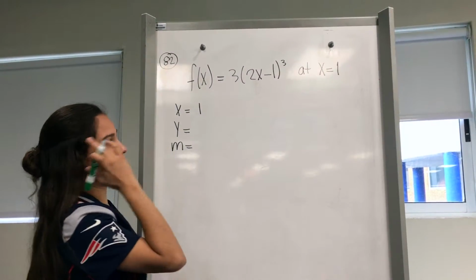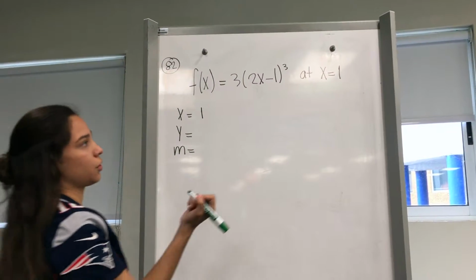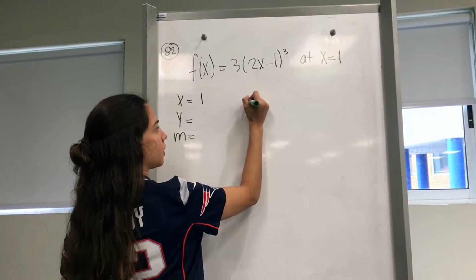First, you need to get your tangent line when x equals 1, so you replace your 1 on your x.